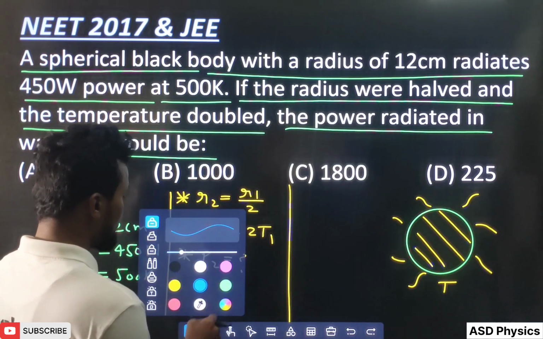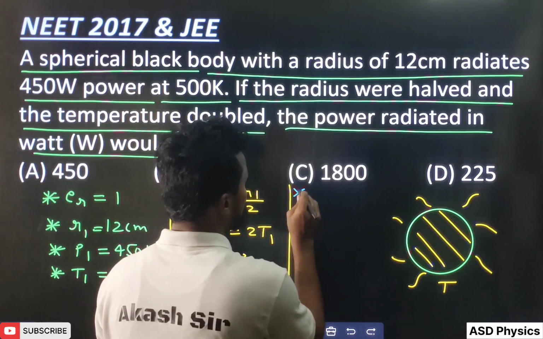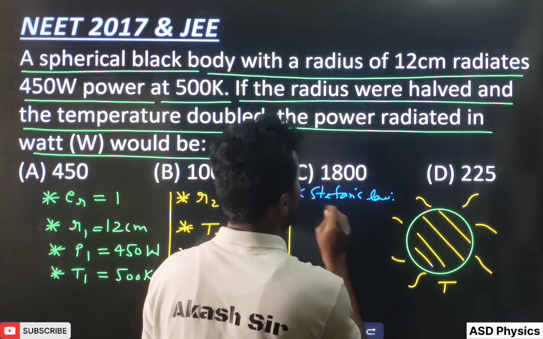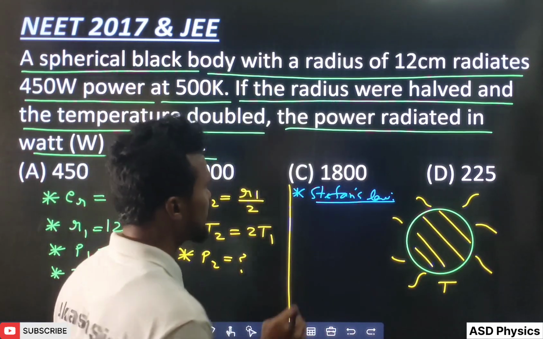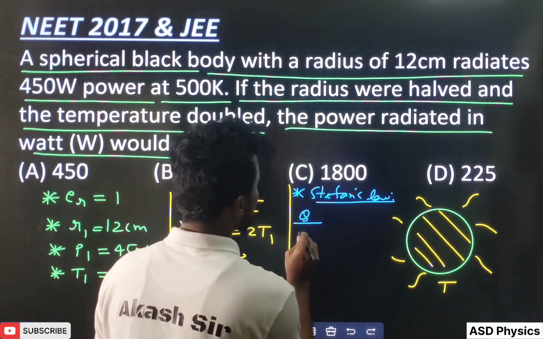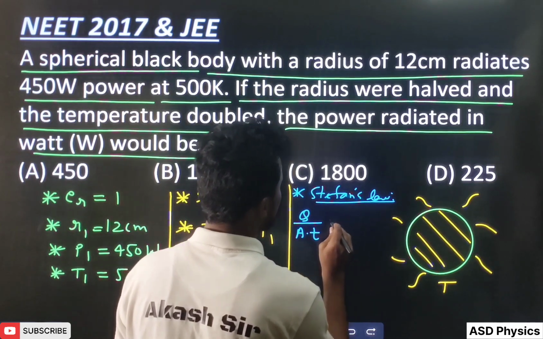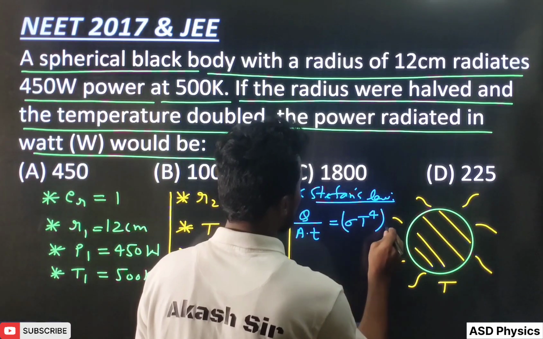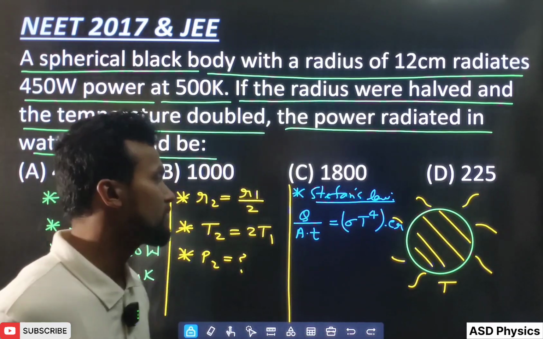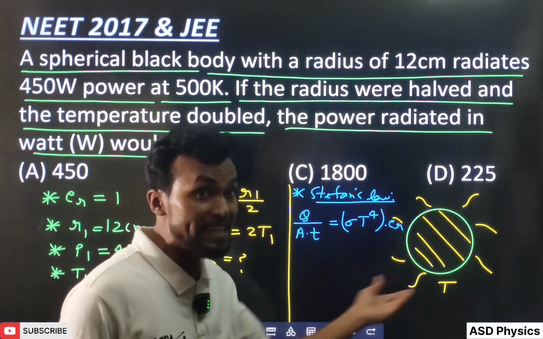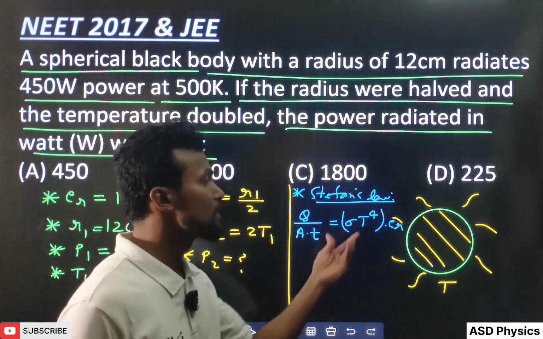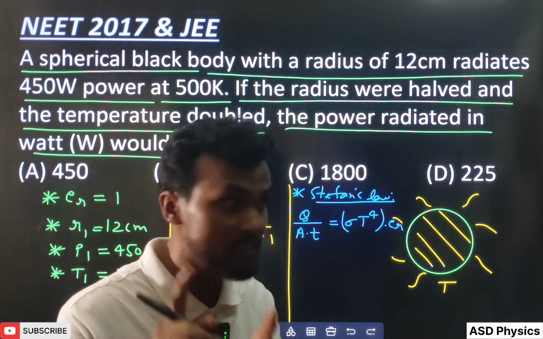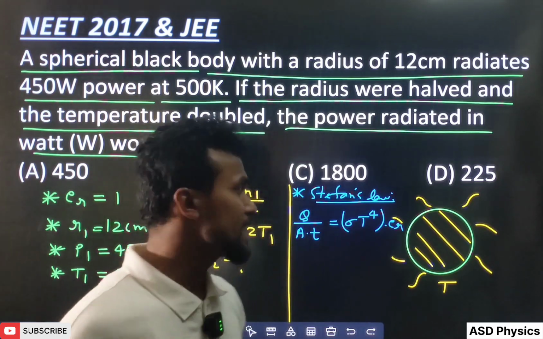According to Stefan's law, the energy radiated per unit area per unit time is given by sigma T to the power 4 into ER, where Q is the energy, A is the surface area, t is the time, sigma is Stefan's constant, T is the temperature in Kelvin, and ER is the relative emissivity.